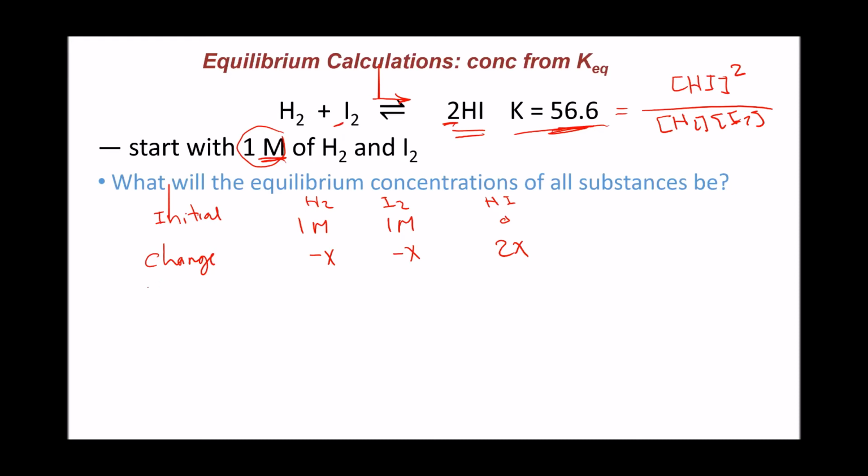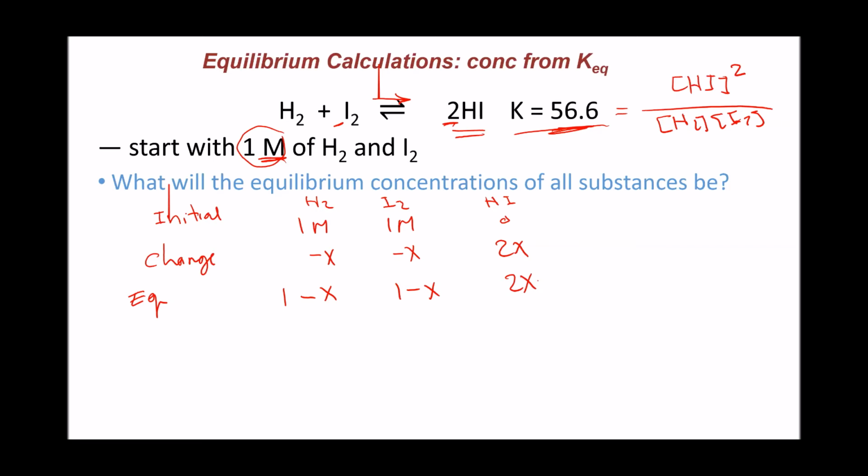And that is going to keep going till the system reaches equilibrium, and the concentration at equilibrium is going to be the initial concentration minus the amount that reacted or got consumed. And same thing for iodine, initial concentration minus the decrease. And for the product, it is going to be the amount that will form during the change.